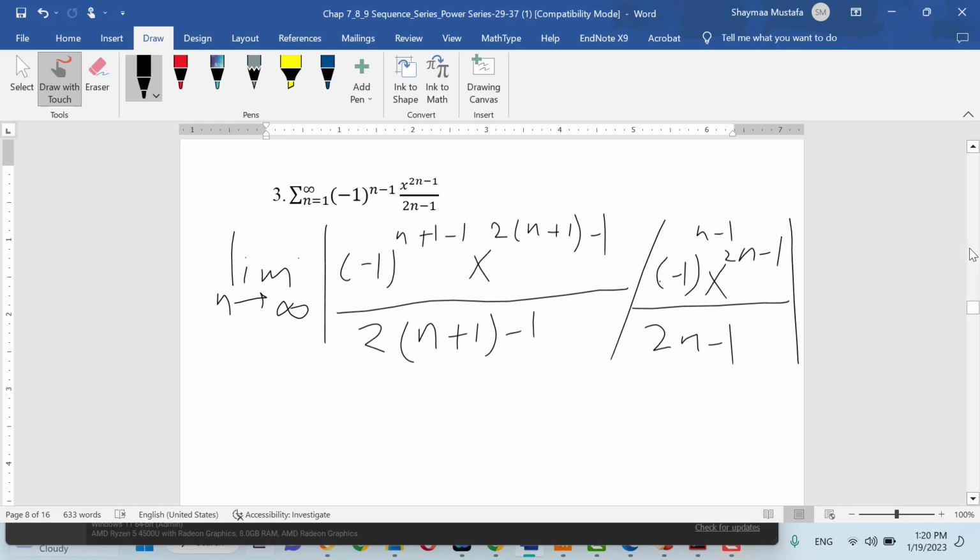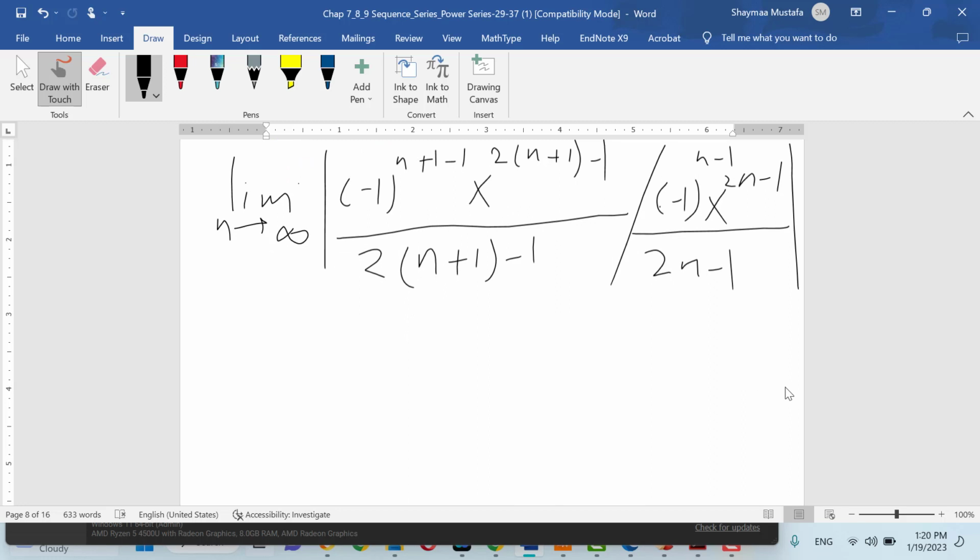So this is the ratio test. We replace each n by n plus 1, in the exponent of x, in the sign term, and in the denominator.